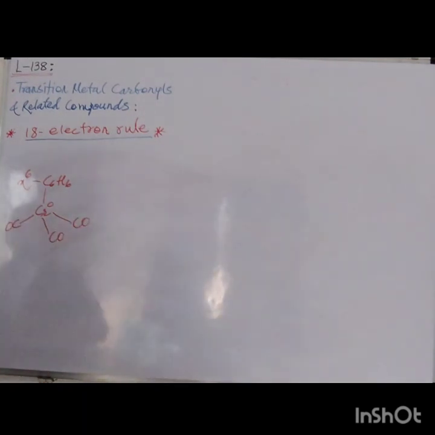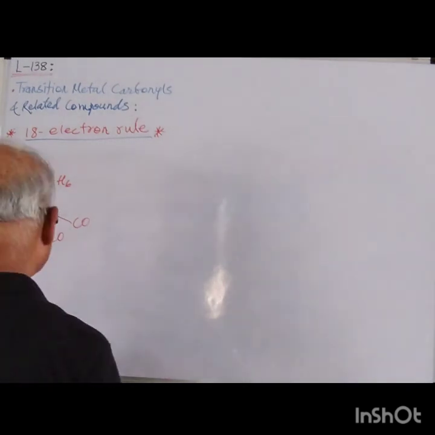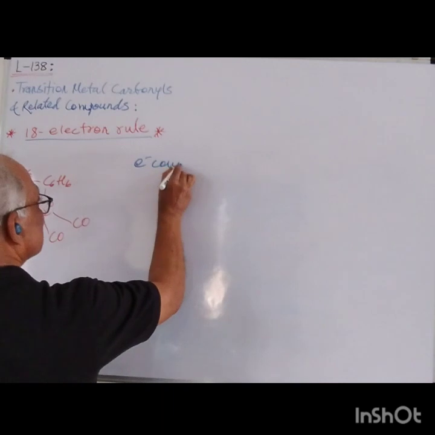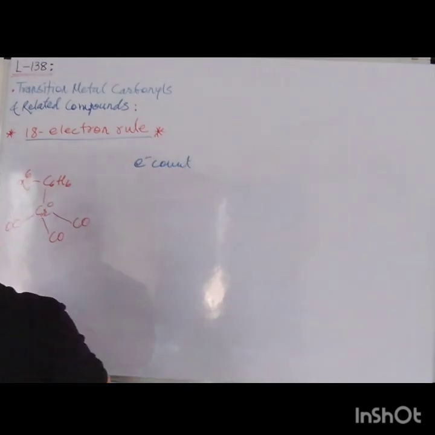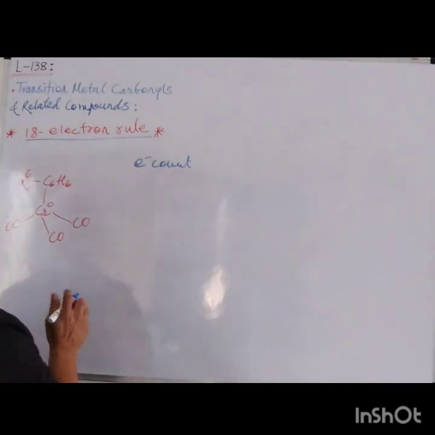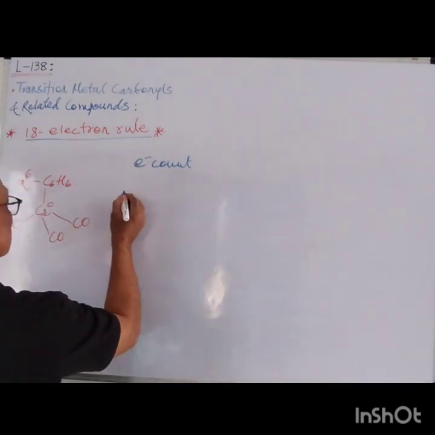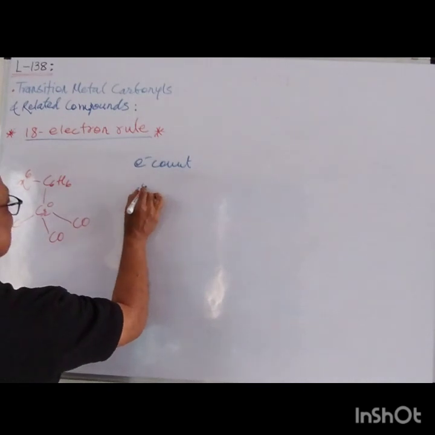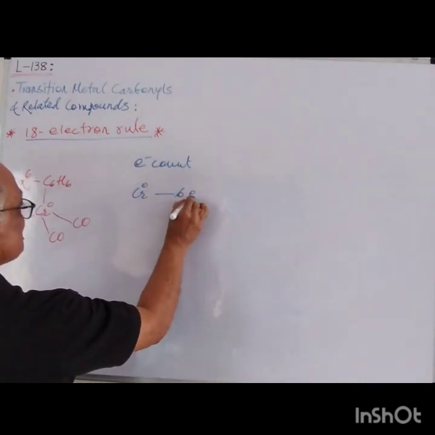The structure is like this, and we can have the electron count like this. Chromium in zero oxidation state will contribute 6 electrons.